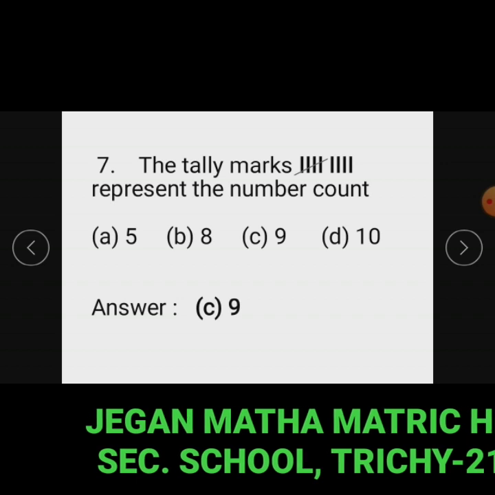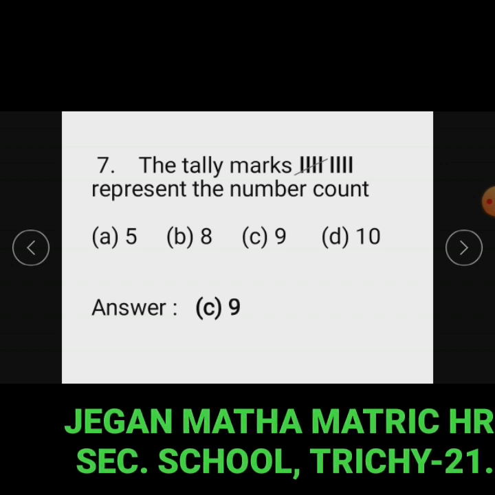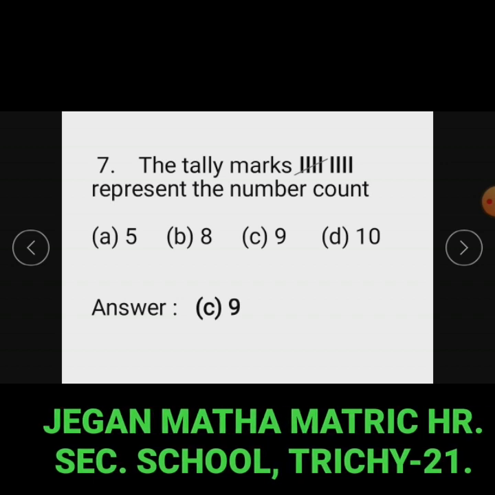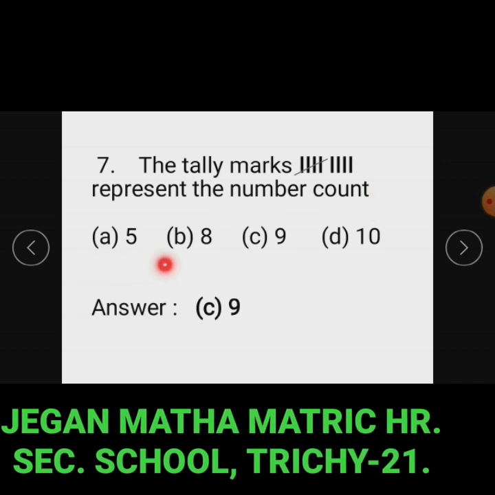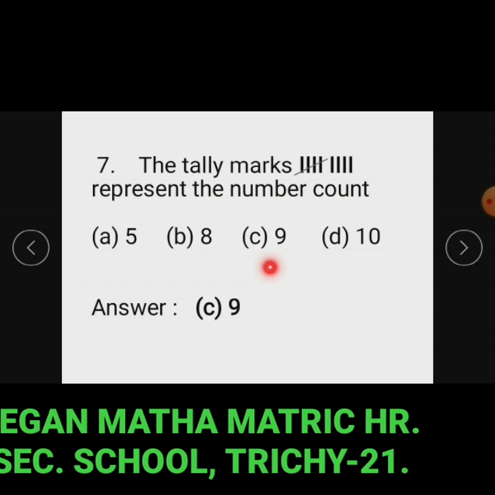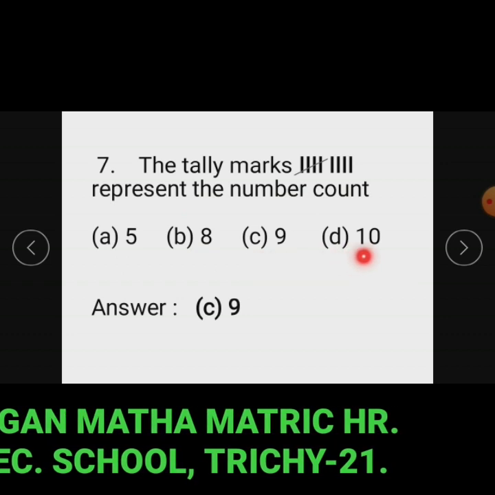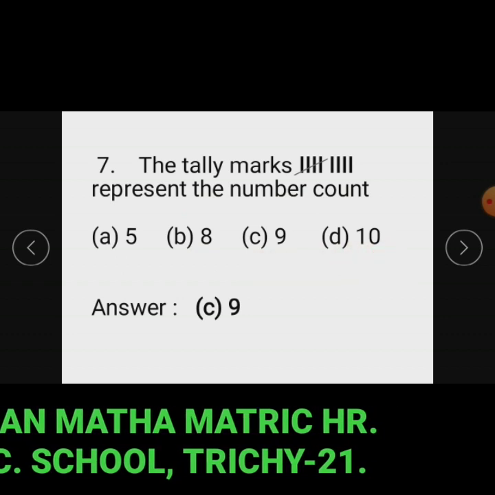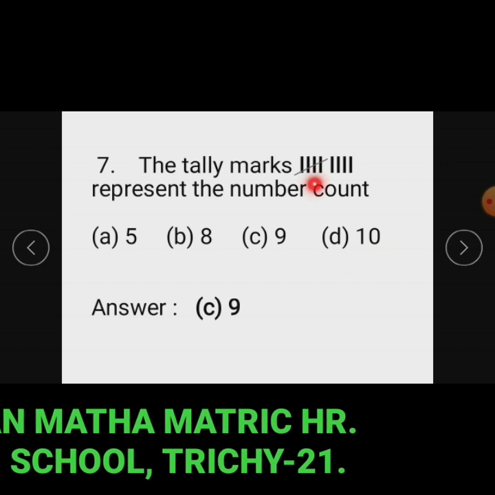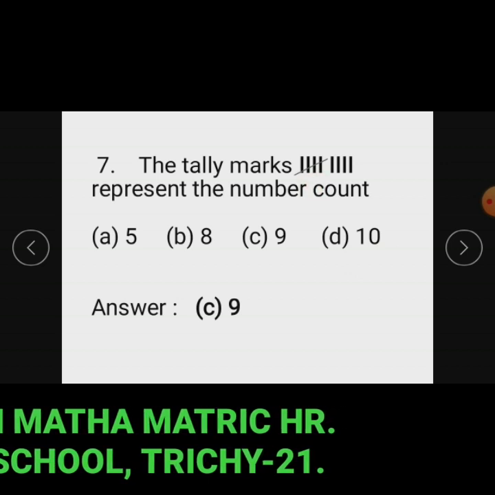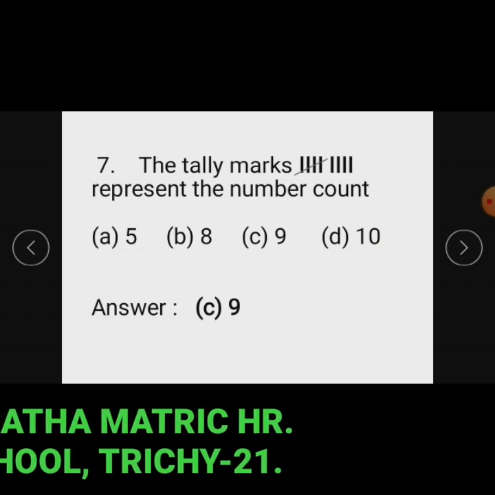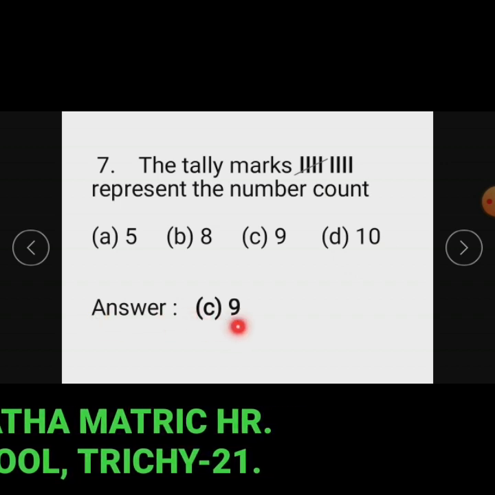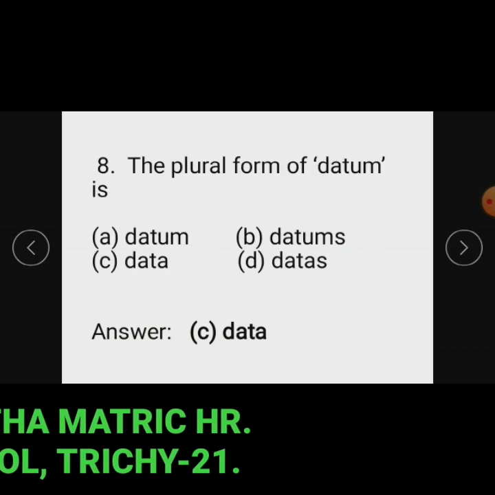Question number 7. The tally marks represent the number count. Option A 5, option B 8, option C 9, option D 10. Here 9 tally marks are recorded. So the answer is option C 9.